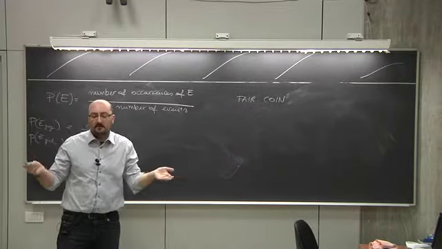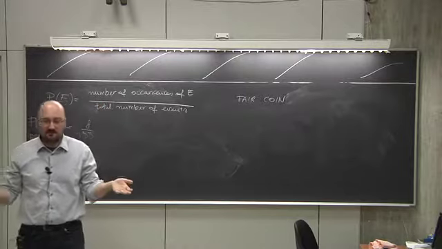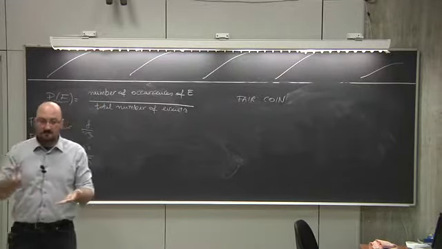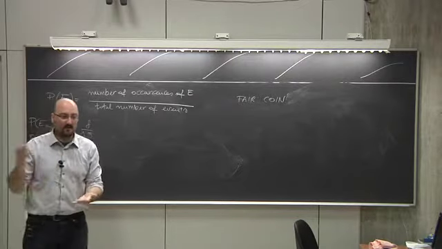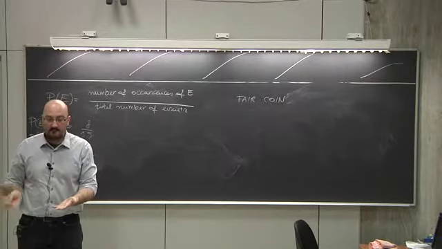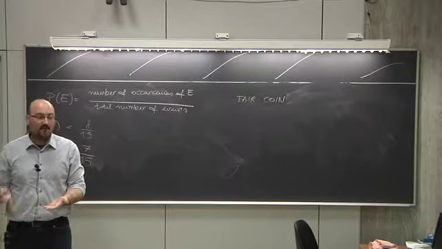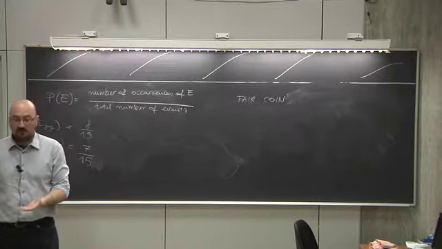I mean, there is no limit to the number of times I can toss a coin. And in that case, if I count the number of times that I get head divided by the total number of times, I will never get exactly 1/2. In fact, what I get is an estimation of the probability.